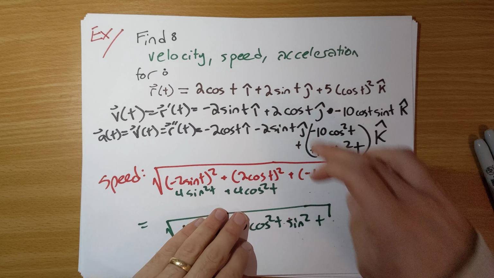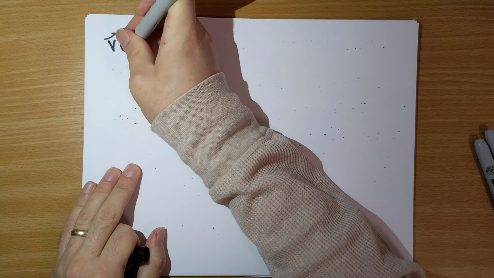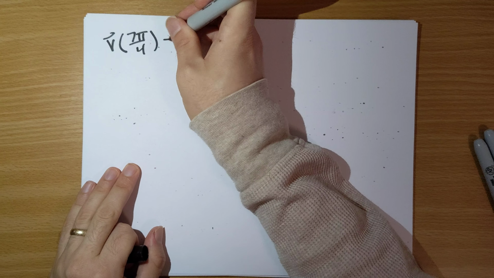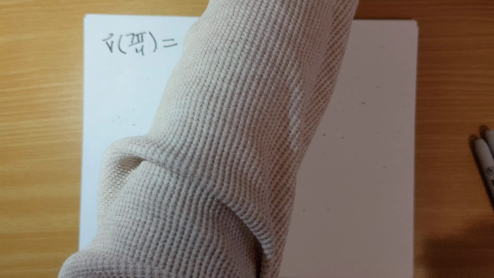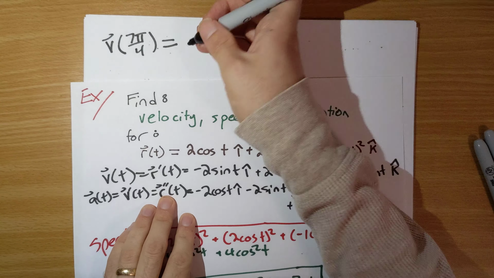Let me do one other thing. I didn't write this down here, but just as an example, what is the velocity vector when t is 7 pi over 4? We can find that by simply substituting 7 pi over 4 into this expression.